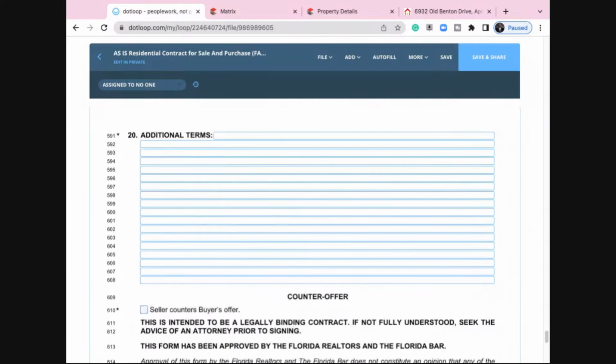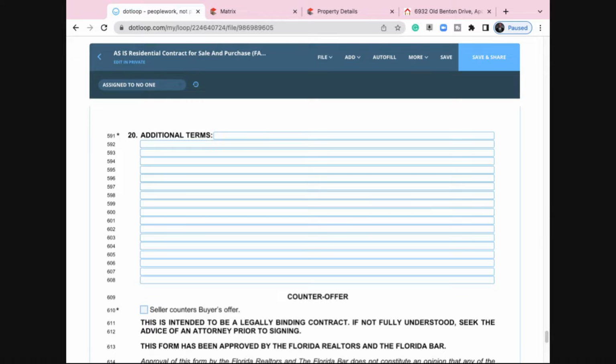Now, if there are any additional terms, you would type that in here. The more common additional terms are where the seller contributes a certain amount toward the buyer's closing costs. The seller contributes a closing concession. And as you remember, that is the conversation that I wanted you to have with the loan originator before the buyer even got into your car.